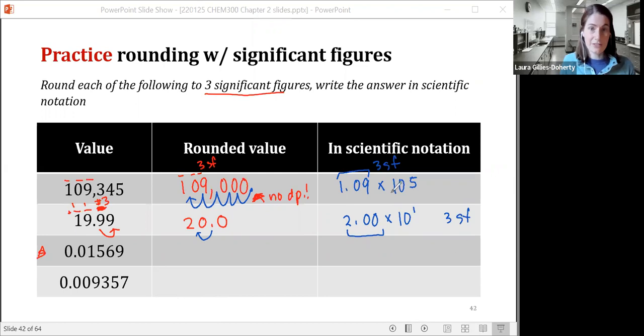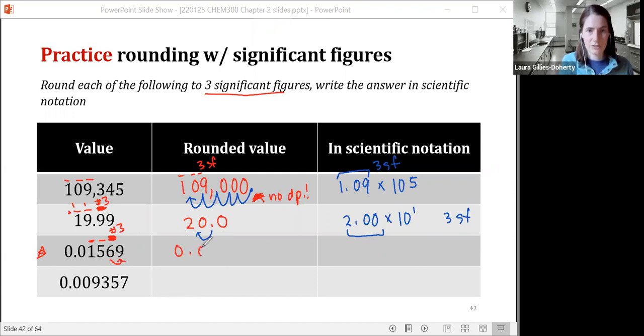0.01569. We want to round this to 3 sig figs. So we start counting with our first sig fig right here, the 1. These are leading zeros, so they don't count. So we have 1, 2, 3. So the 6 is our third sig fig. So we're going to look to the right. It's a 9. So the 6 is going to get rounded up to a 7.